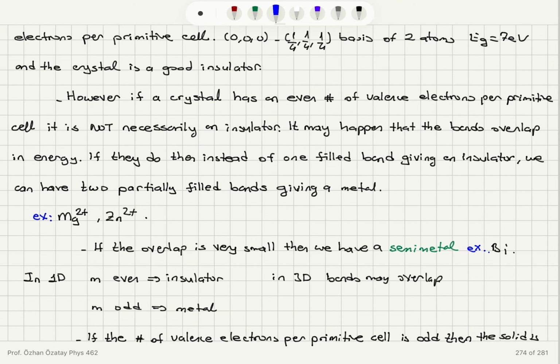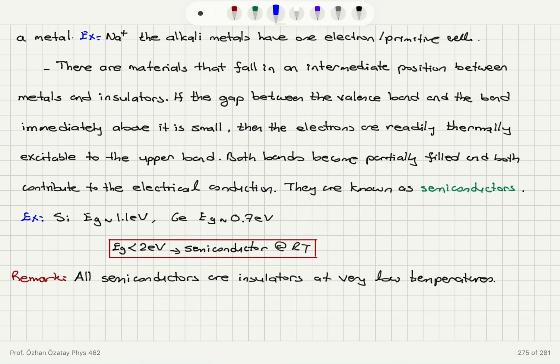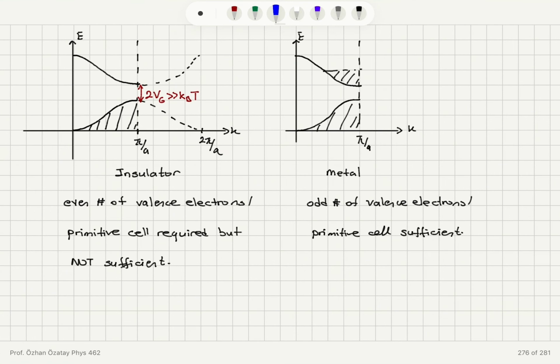But then there are materials that have an even number of valence electrons per primitive cell, but the band gap is small. It's less than 2 electron volts at room temperature, which means electrons can get thermally excited from the lower bands to upper bands, and that gives us semiconductors. And all semiconductors are insulators at low temperatures.